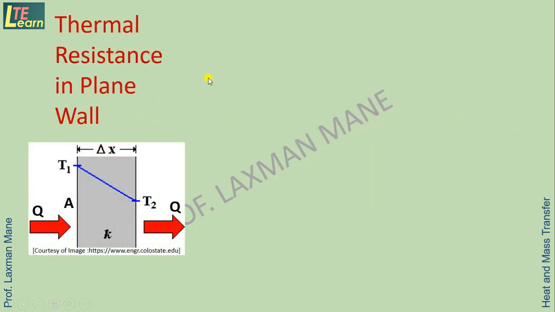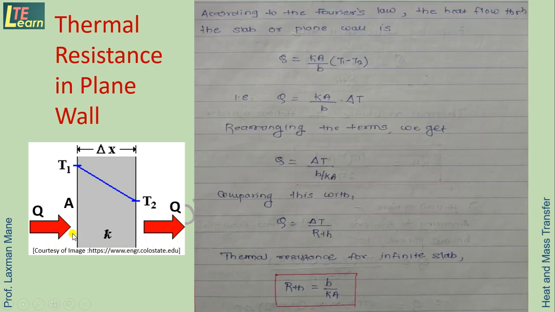Now we will see thermal resistance in a plane wall. This is a simple structure through which heat transfer is taking place. Here you can see this is T1 temperature, this is T2 temperature, this is area, this is thermal conductivity, and this is dimension.